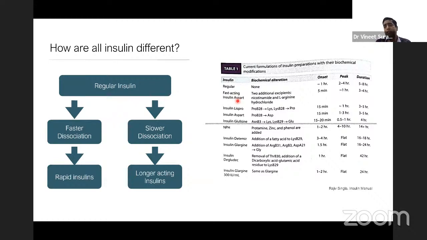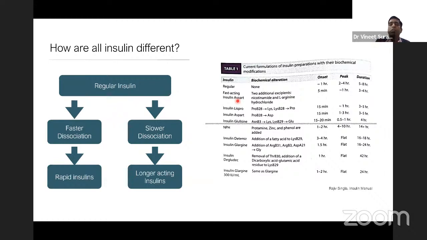And nowadays it is said that this faster acting insulin aspart can even be given immediately post meal. They say it can mimic the natural course of the pancreas: the child has the food, we know how much food he has taken, and accordingly we give the insulin immediately post meal.